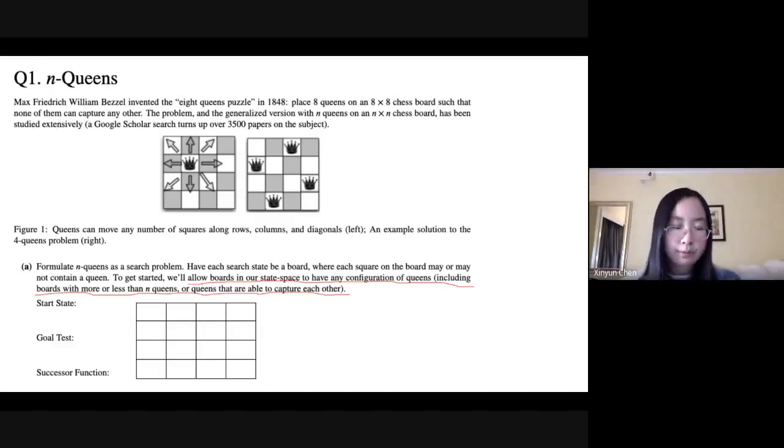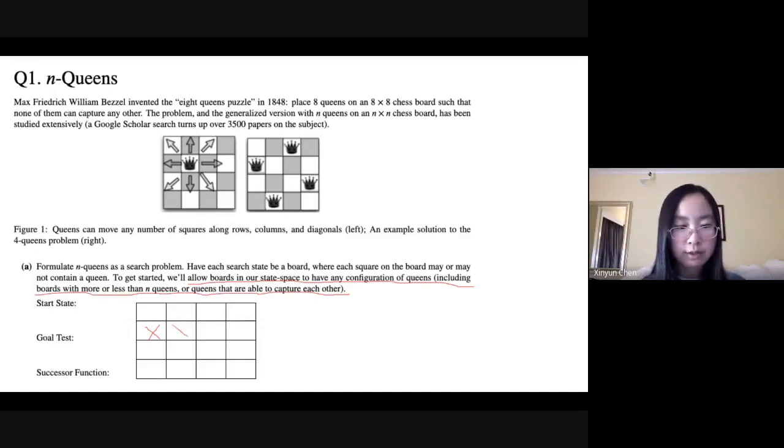So basically, one way to design the successor function is to allow one more queen to be placed in arbitrary positions of the chessboard. Let's say when we start with this empty grid, we can first put the queen in arbitrary positions. Then for the next state, we can still put the queens in arbitrary positions.